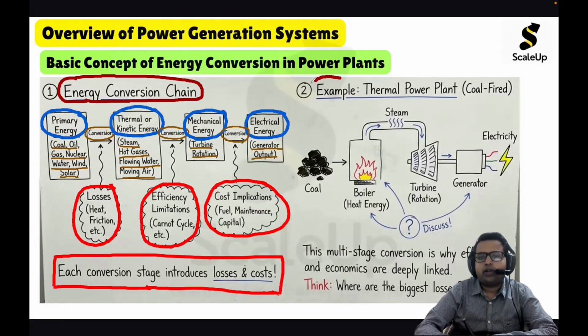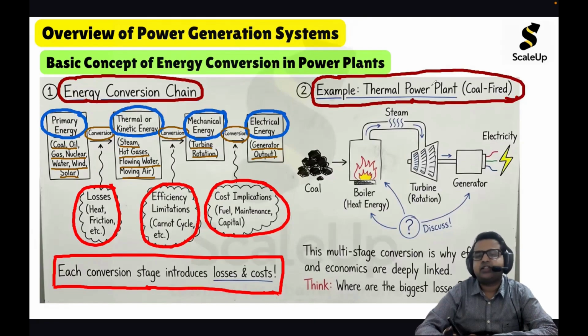If we look at a real example, consider a thermal power plant. As the name suggests, heat plays a very important role in a thermal power plant. It is coal fired. How it works is a very important discussion. In a thermal power plant, we start with coal and we burn the coal.